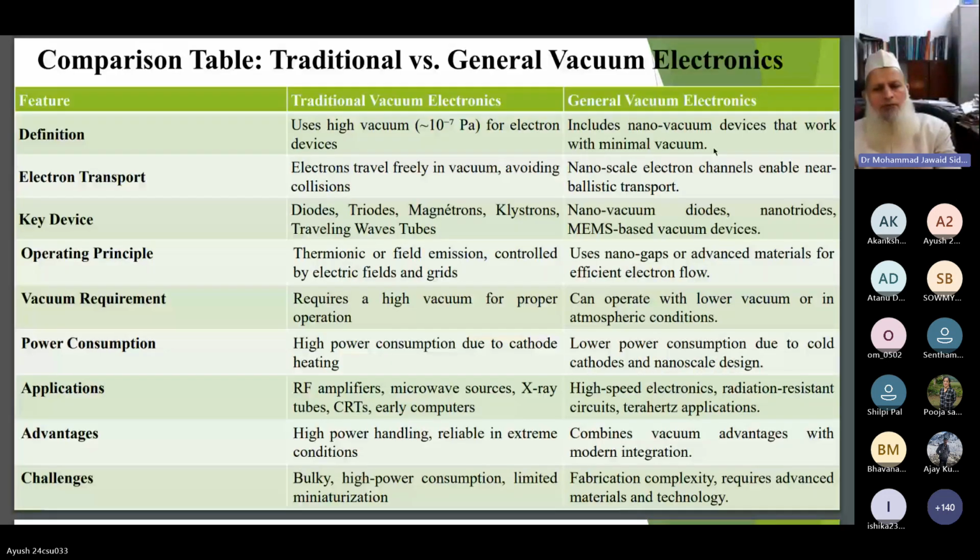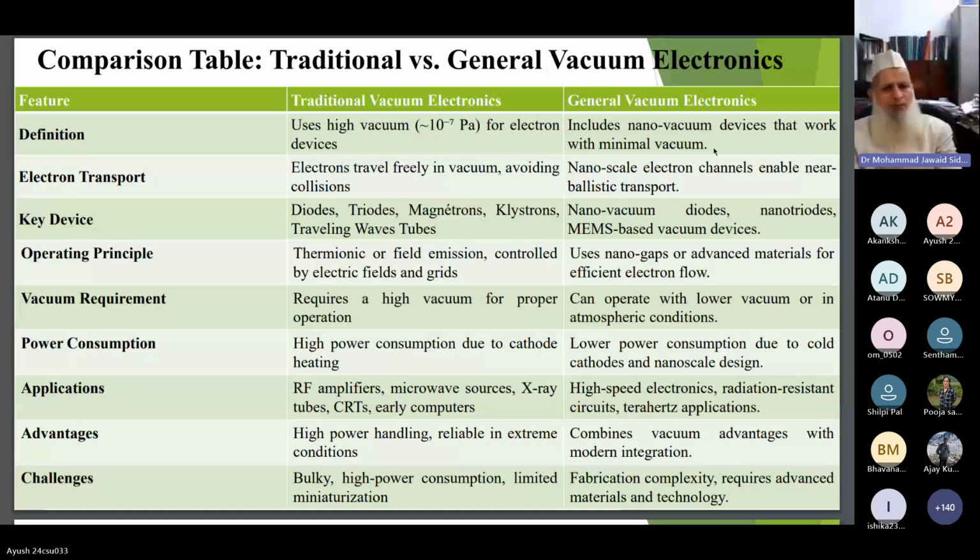Yes, so that is the comparison between traditional vacuum electronics and general vacuum electronics. Traditional vacuum electronics require high vacuum, and the general vacuum electronics include the nano vacuum devices that work with minimal vacuum.